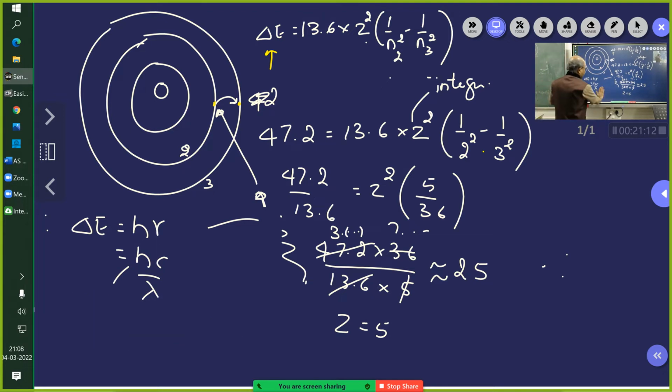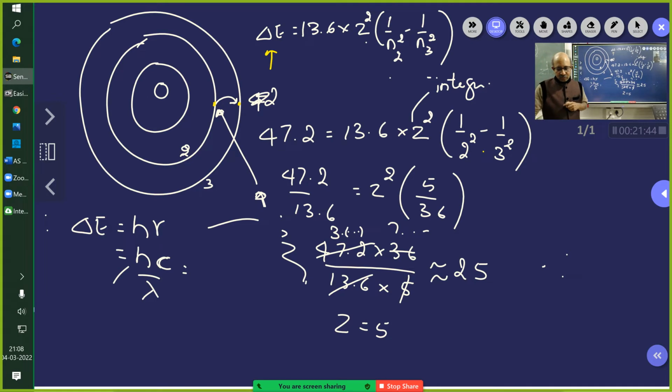Does anybody know the value of hc? It is 19.87 into 10 raised to minus 26, which is in joules.